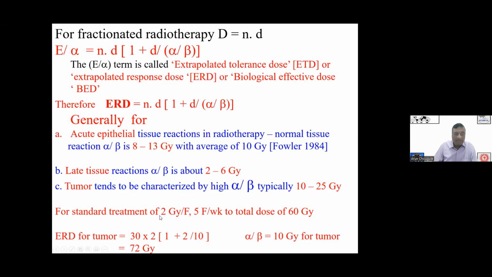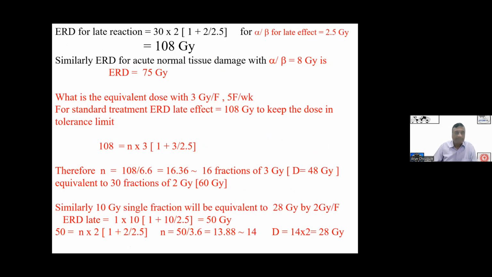So for standard treatment of 2 gray fractions, 5 fractions per week, 60 gray dose, if you want to calculate the ERD, the extrapolated response dose, it will be 30 fractions of 2 gray, with 2 divided by 10, where I have taken alpha by beta as 10, and 72 is your ERD, and the unit is gray.